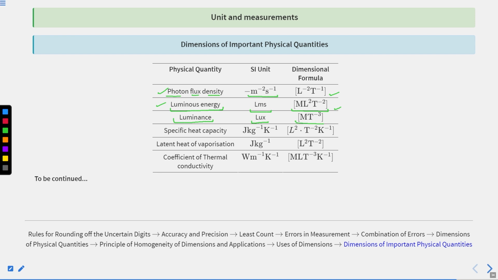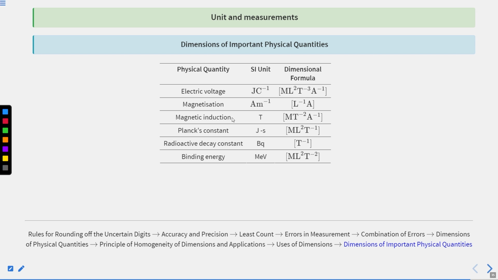This is the dimension formula. Specific heat capacity. This is the SI unit and this is the dimension formula. Latent heat of vaporization. This is the SI unit and this is the dimension formula. Similarly this. Clear?